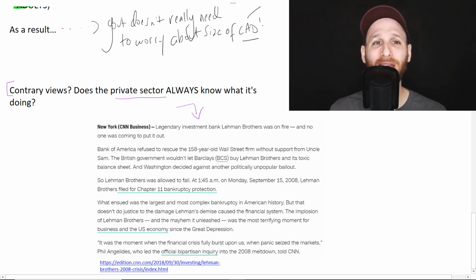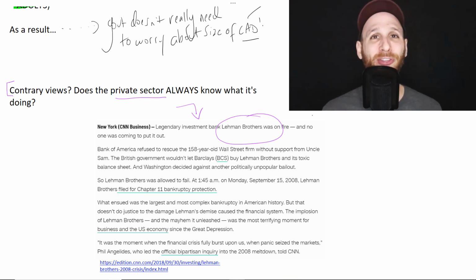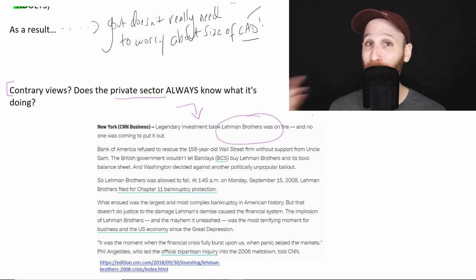This is an article from CNN looking back at the 2008 global financial crisis or global recession or global downturn, however you want to talk about it, where investment banks like Lehman Brothers got into a lot of trouble in terms of their decisions. So I just want you to be aware when you're talking about the Pitchford thesis that it's not a given or a guarantee that the private sector will always do the right thing. Actually, we've seen situations around the world where the private sector does get it wrong.